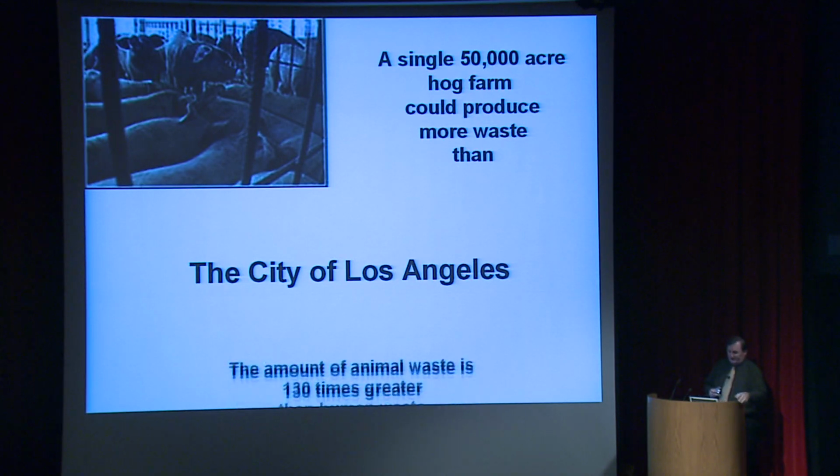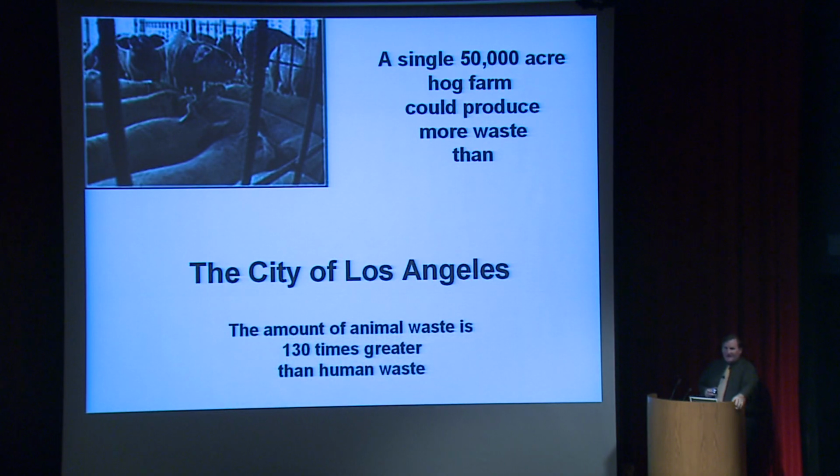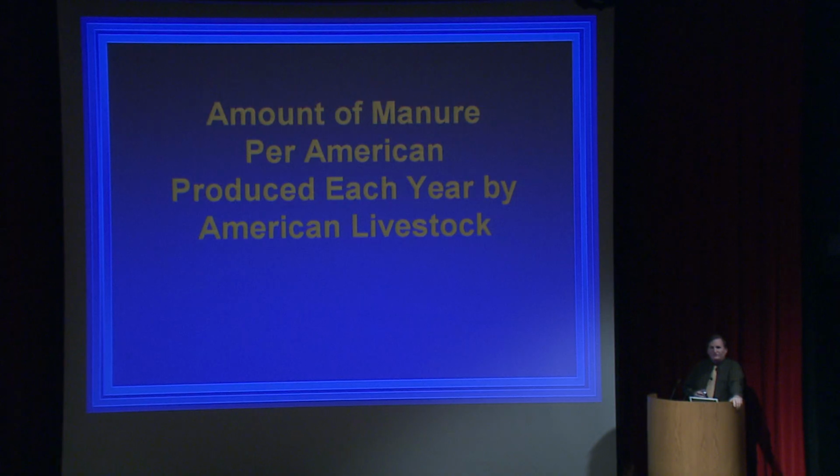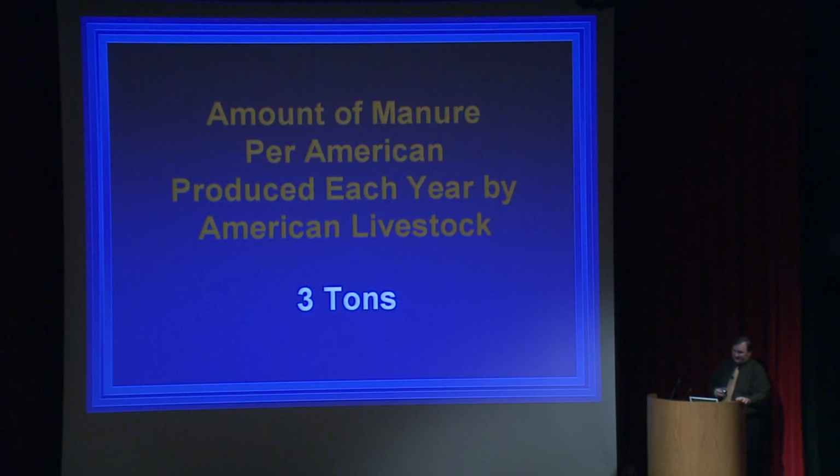So you see how this is contributing. Animal waste outnumbers human waste by a factor of 130. The amount of manure produced just by livestock in the U.S. per American citizen is 3 tons.